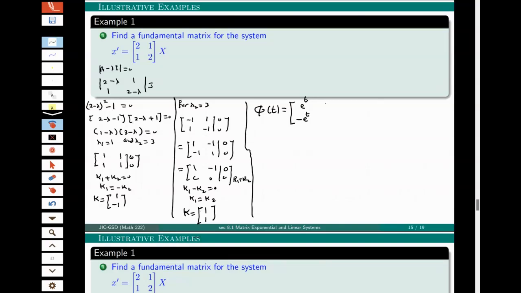And the second one will be e to the power 3t times 1 and e to the power 3t times 1. Okay, so that is the fundamental matrix.